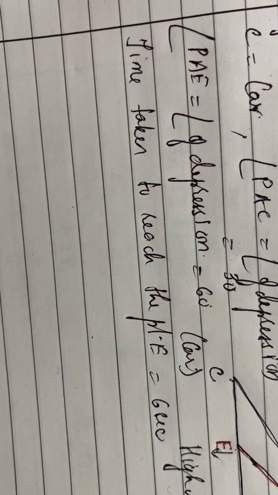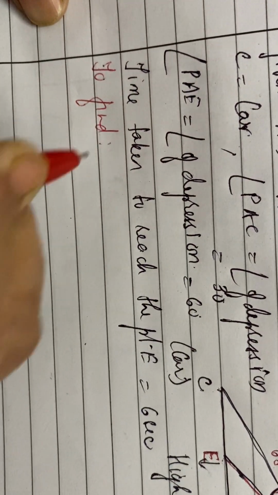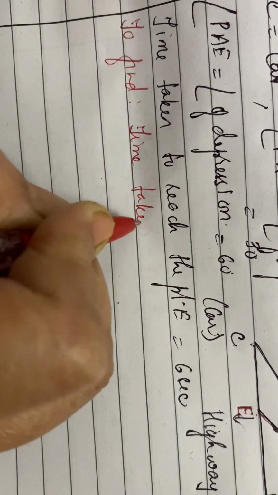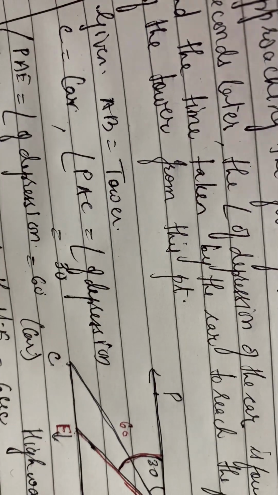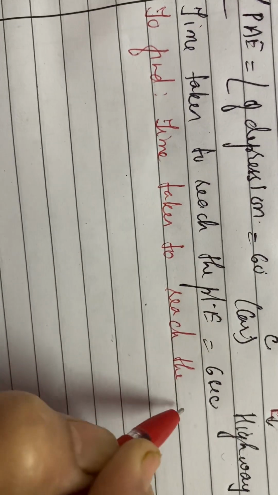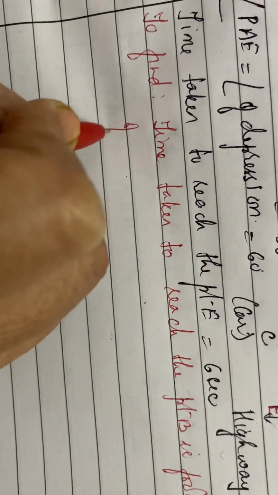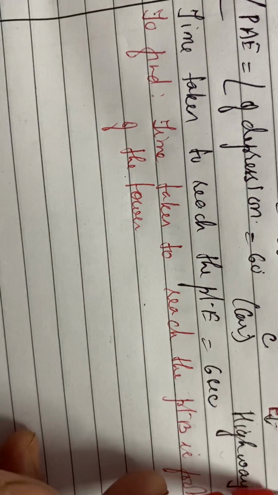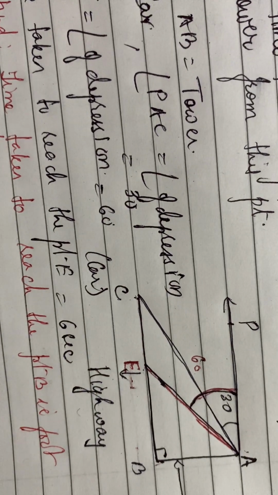To find: time taken to cover this distance, time taken to reach the point B, that is foot of the tower. So for distance EB, how much will be the time taken? We have to find out.